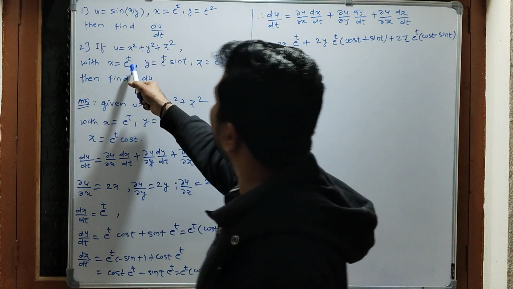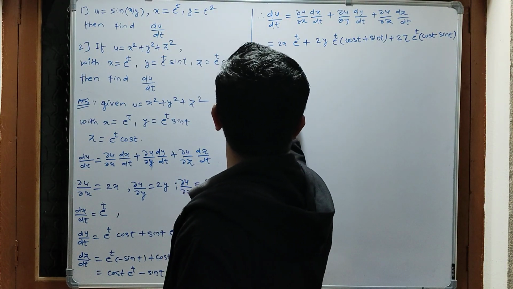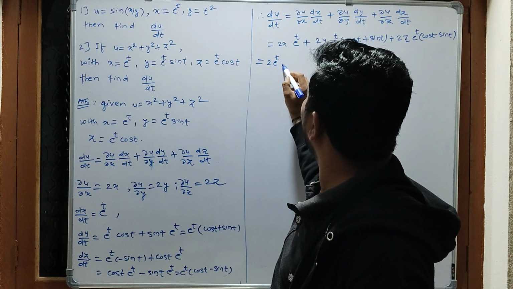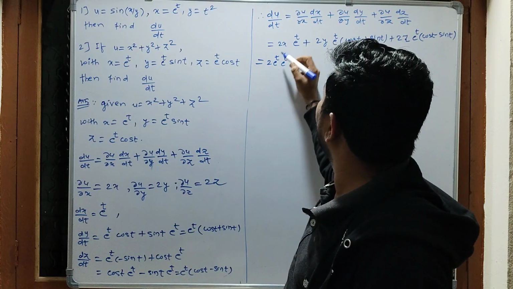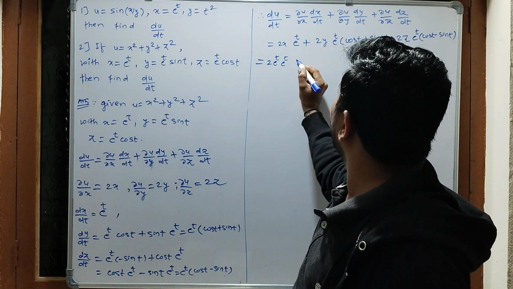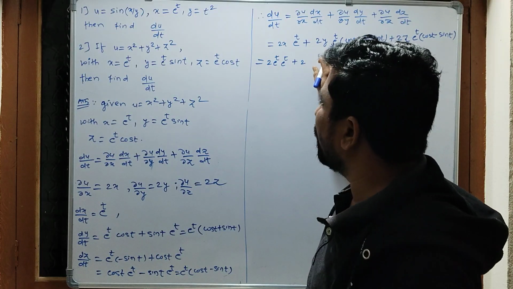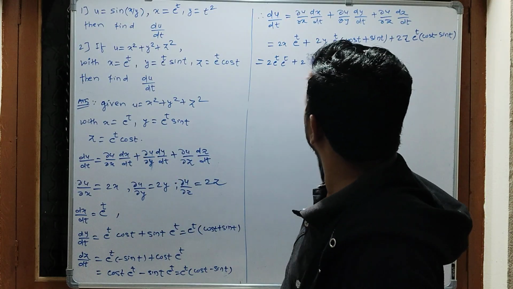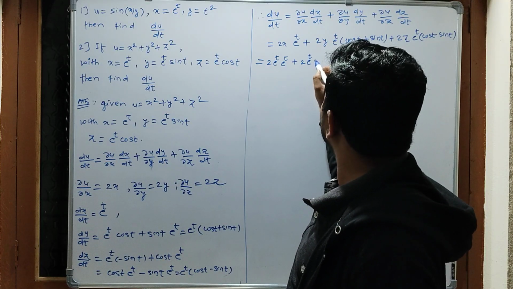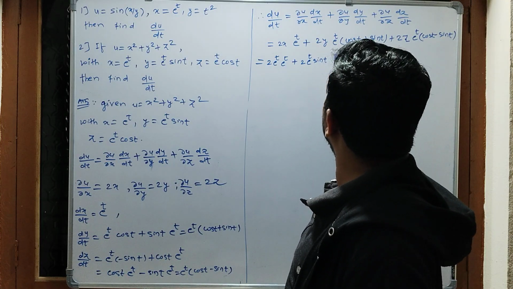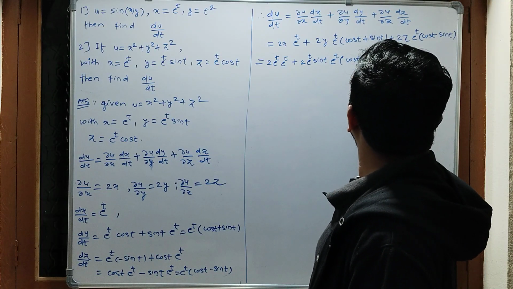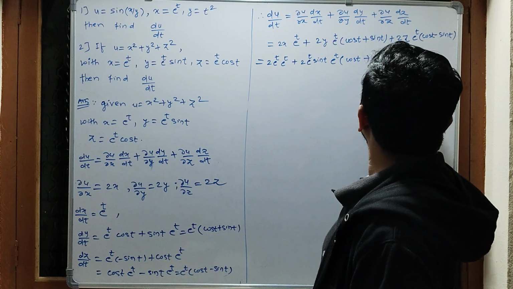So here you know x equal to e to the power t, which is equal to 2 times the value of x, e to the power t, and this is e to the power t. Plus 2 times the value of y, just put the value of y, which is e to the power t sin t, and one more e to the power t, cos t plus sin t.